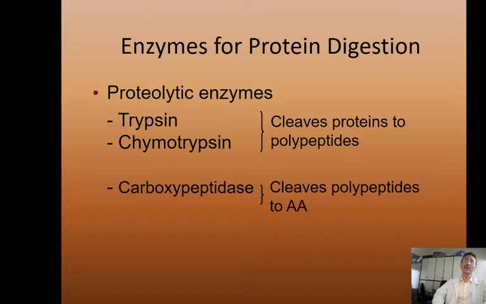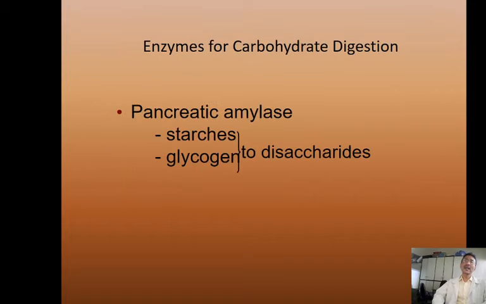Carboxypeptidases will break down the polypeptides further into amino acids. Then it also consists of certain enzymes which are responsible for carbohydrate digestion. Basically, it is called pancreatic amylase. This amylase is responsible for breaking down starch and glycogen to disaccharides. Remember this enzyme, pancreatic amylase. This is an important enzyme which helps in carbohydrate digestion.